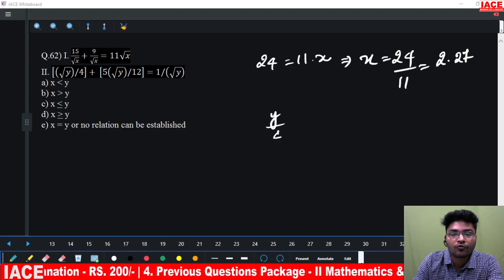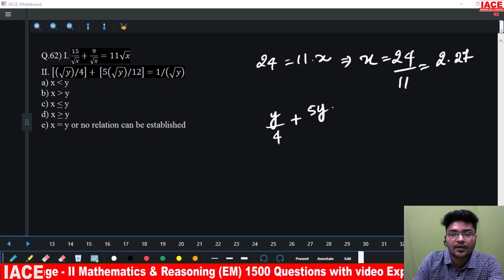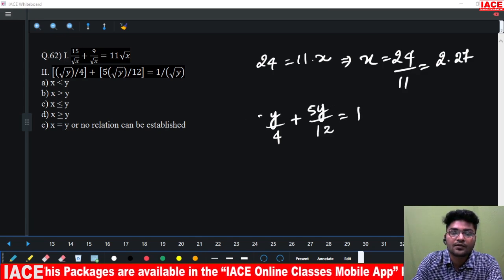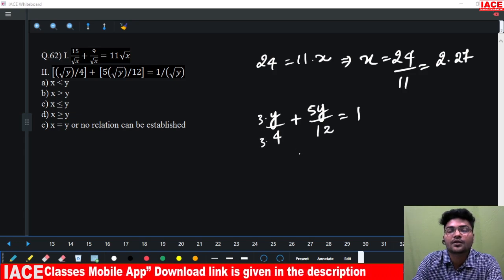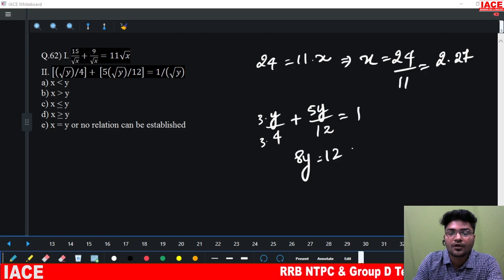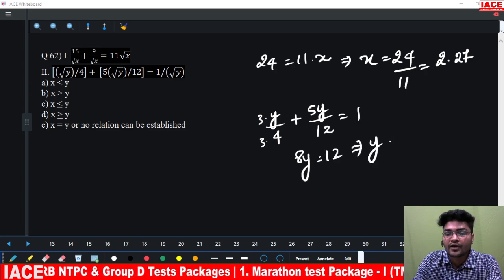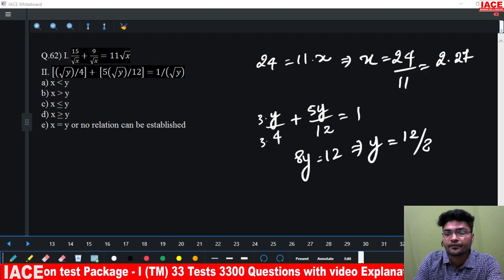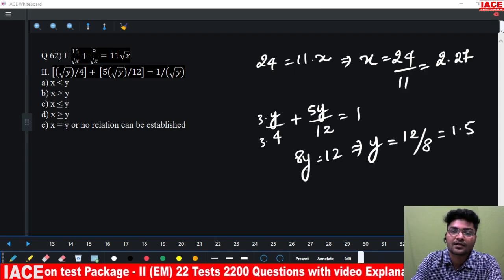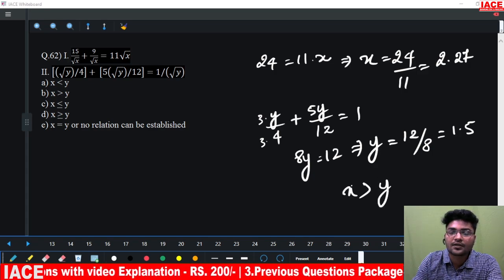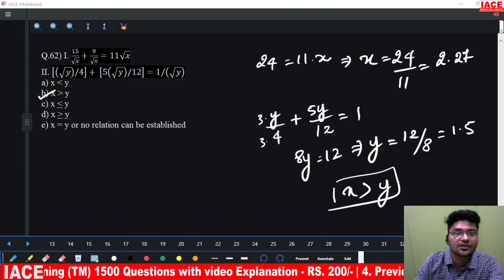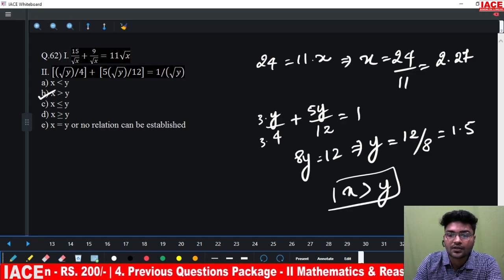Y by 4 plus 5y by 12 is equals to 1. So I'll multiply 3 to the numerator, 3 to the denominator, making the denominator 12. So what I have, 8y is equals to 12. That means y is equals to 12 by 8. 12 by 8 is 1.5. 1.5 means x is greater than y. X is greater than y means option B is the correct answer.